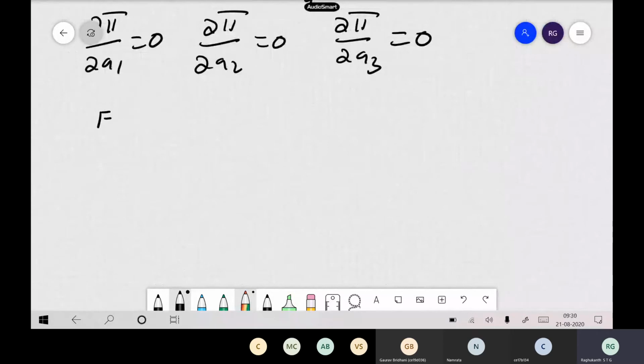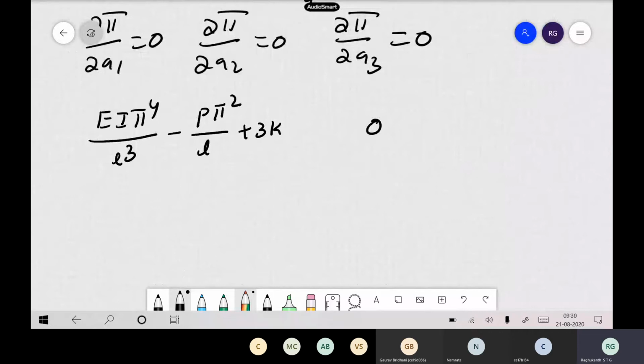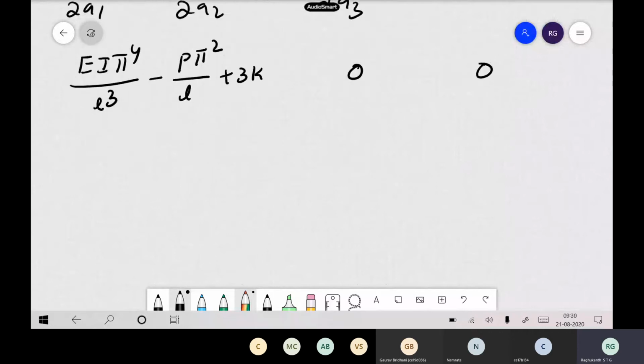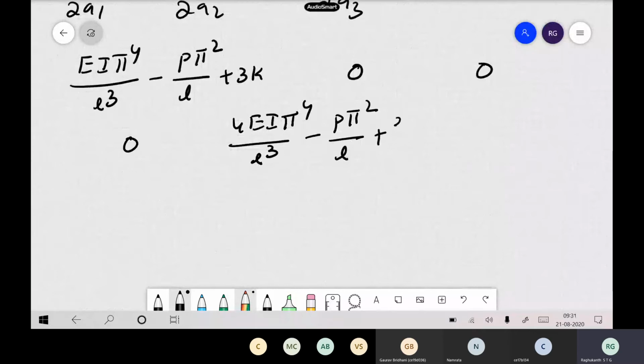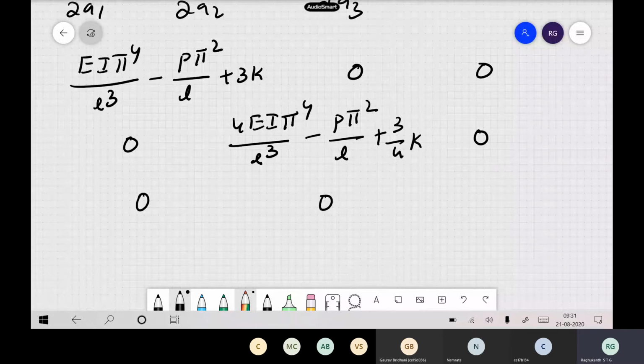The first entry is EI pi to the power of 4 by L cube minus P pi square by L plus 3k, then 0, 0. The second is 4 EI pi to the power of 4 by L cube minus P pi square by L plus 3 by 4 times k, then 0.